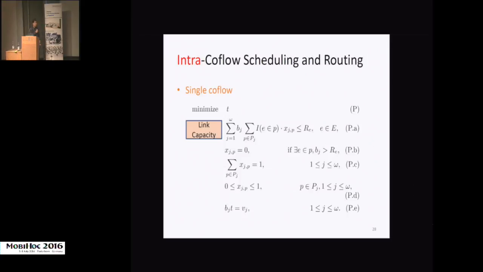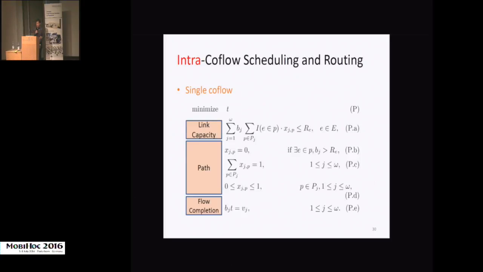These constraints can be derived following our settings. Constraint A is actually the link capacity constraint. Constraints B, C, D are the flow path constraints, and here, we allow each flow to use only one path. And finally, constraint E is for flow completion.